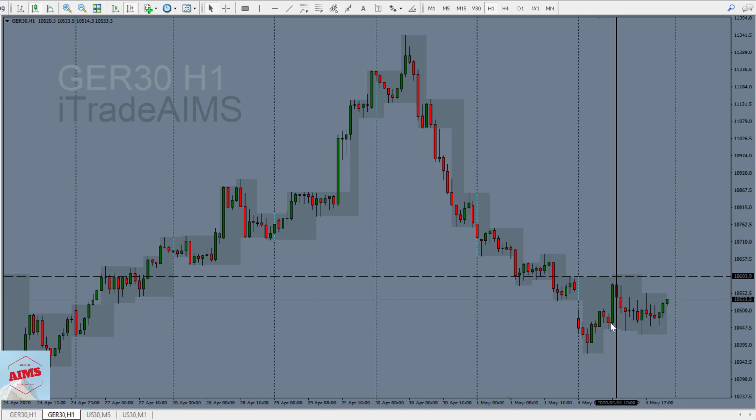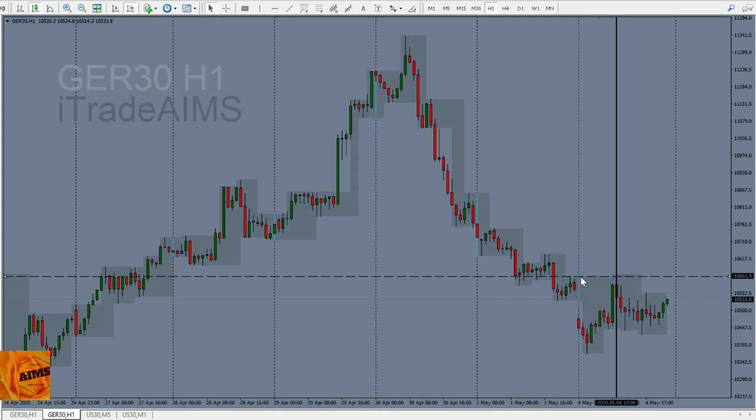During Frankfurt, which opens an hour before London Open, but we trade at London Open only, this was a bullish price action, which would indicate that price is going up. And on the M1 chart, you would be looking for long trades.